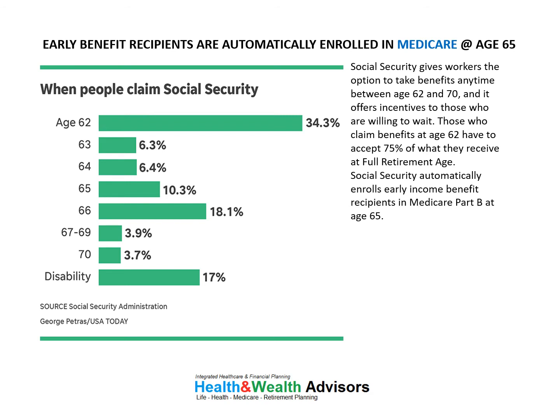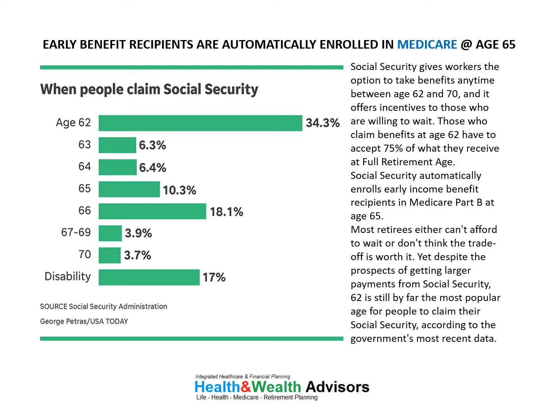Social Security automatically enrolls early income benefit recipients in Medicare Part B at age 65. Most retirees either cannot afford to wait or don't think the trade-off is worth it. Yet despite the prospects of getting larger payments from Social Security, 62 is still the most popular age for people to claim their Social Security income benefit, according to the government's most recent data.